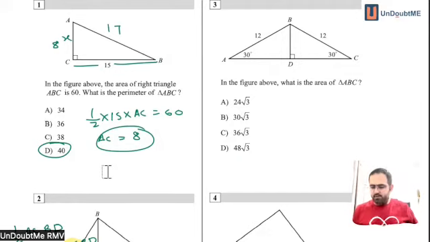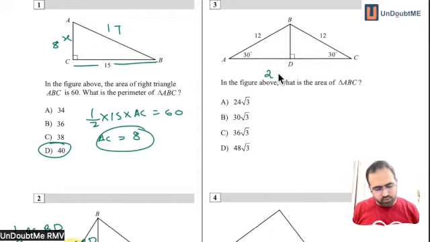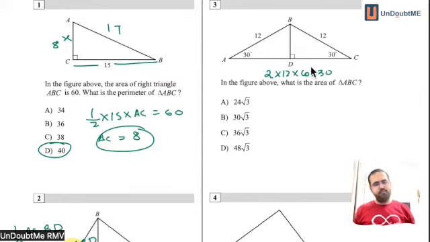To find AD, you can just do cos 30 times 12. Both sides are 12 and 30 only, so I can write it as 2 times 12 times cos 30. So you get 24 plus 12 radical 3.